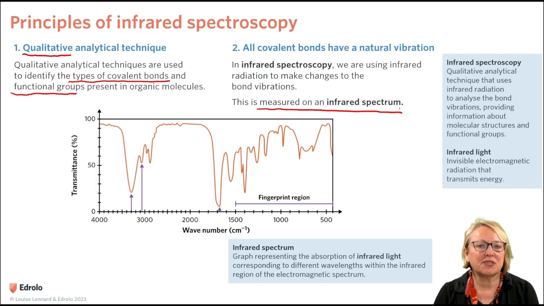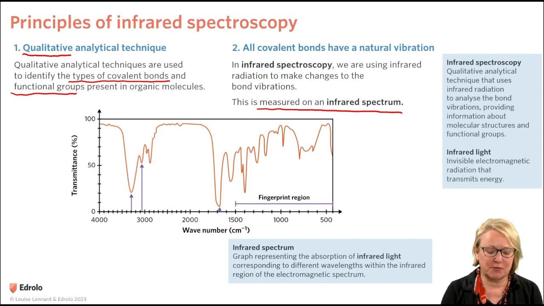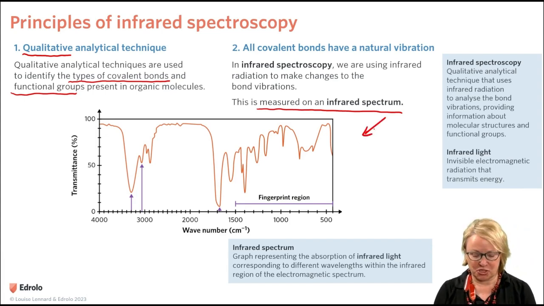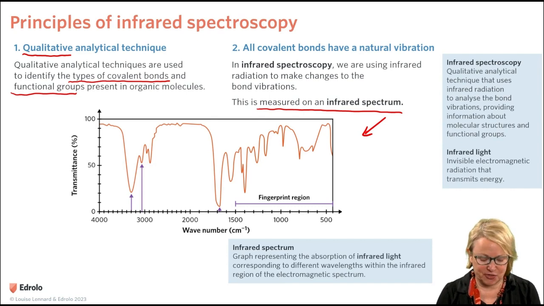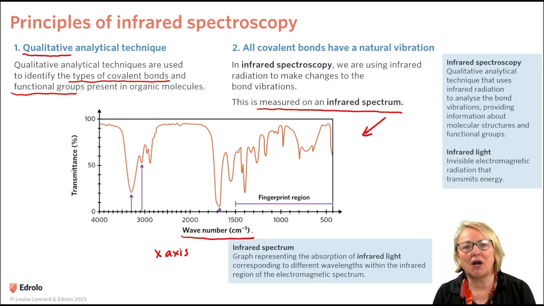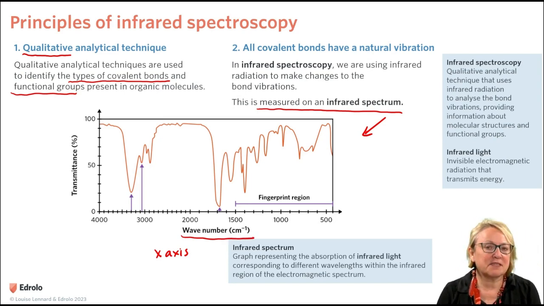You don't need to know how the infrared spectrometer works. What you need to be able to do is interpret the spectrum, such as the example that's shown here. In this spectrum, on the x-axis, we have wave number, which is the reciprocal of wavelength, and it's measured in centimetre^-1.